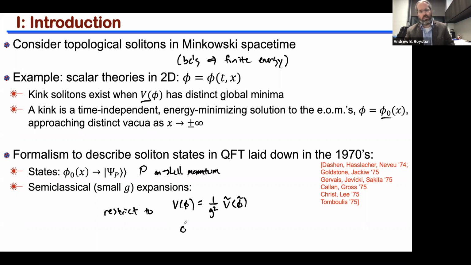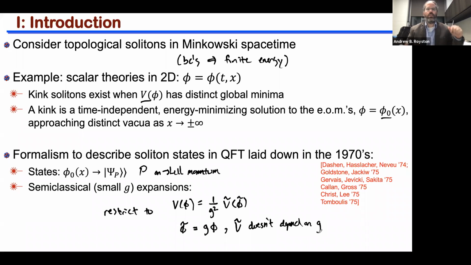Here the rescaled field is G times the original field, and the new potential doesn't depend on G. So this just allows us to pull a 1 over G squared outside of the action, and then it sits in the same place as h bar would. And so we can think of the G expansion as a semiclassical expansion.